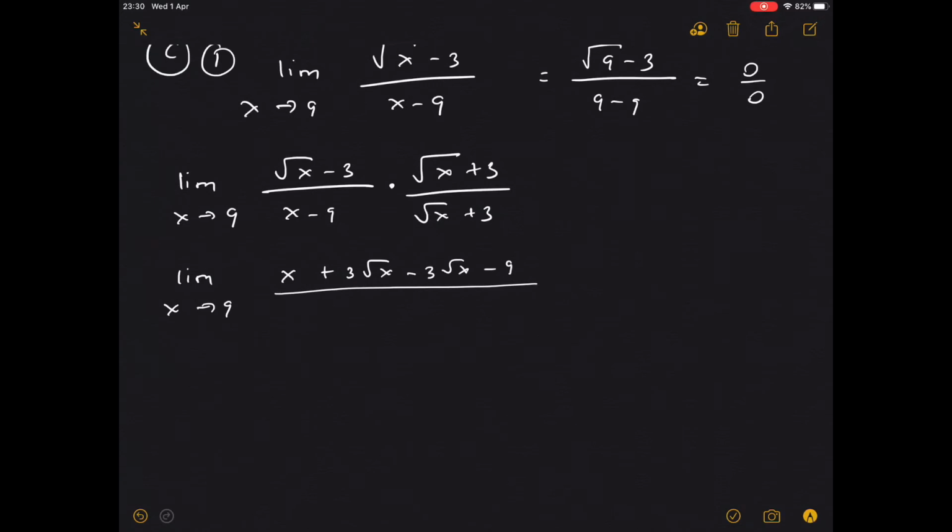And for the denominator, I will just leave it as is. I will not do the FOIL method here.